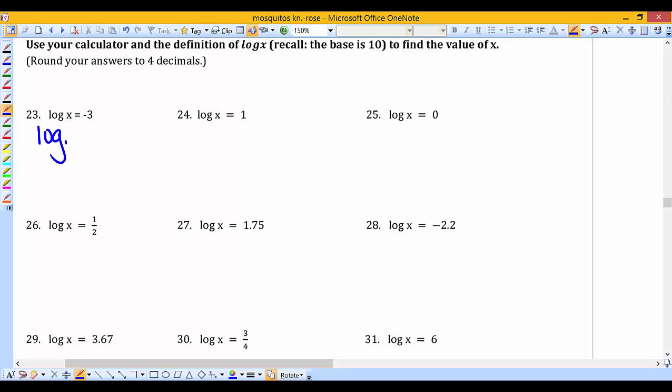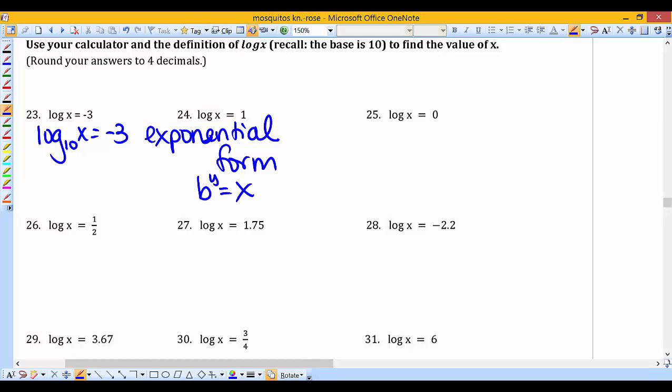So I'm going to rewrite this with a base 10. Once I get to this point, I am going to rewrite this in exponential form. So don't forget that's b to the y equals x. You don't even need to know that.